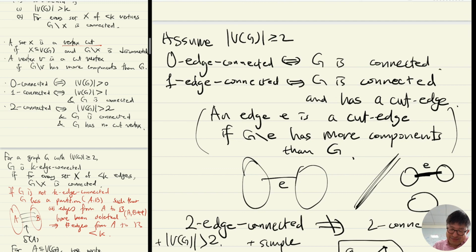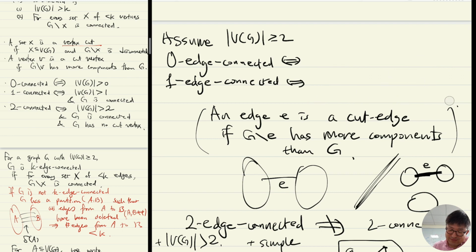Okay, where did I cheat? So the graph is zero edge connected if, when you delete fewer than zero edges, the graph is connected. But there's no way to delete fewer than zero edges, so this is always true. So this is a true statement.